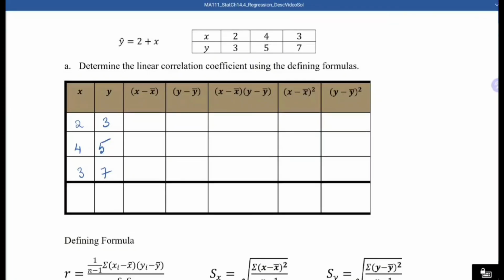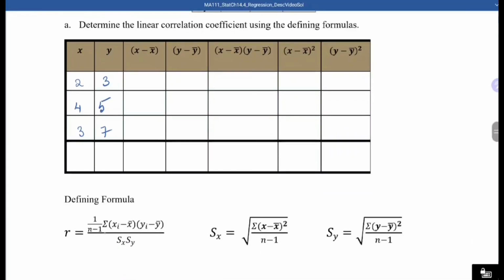We're going to use the same example that we used before for the coefficient of determination, but here we are going to use the defining formula for r, which is 1 divided by n minus 1 times sigma x sub i minus x bar times y sub i minus y bar, divided by s sub x and s sub y, which represent the standard deviation of the x values and y values. We also need to find the mean of the x and the y values.